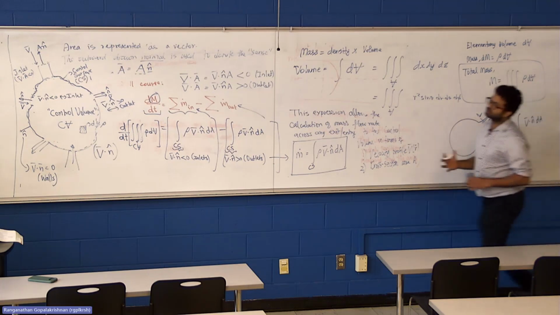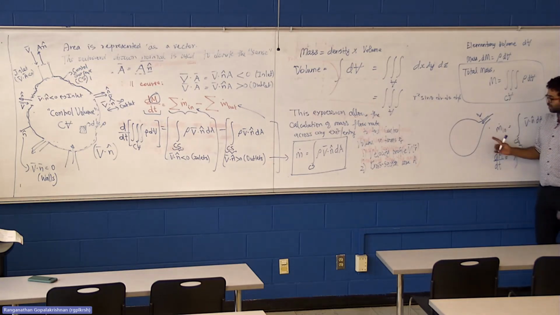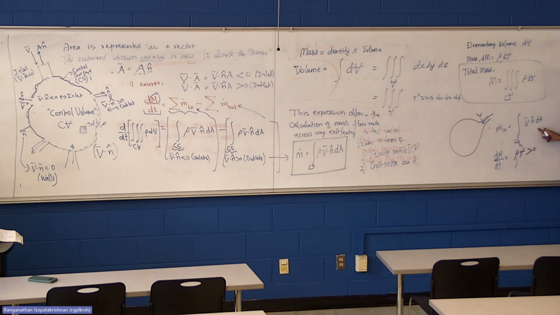So this system is a rare instance where you are having an increase in mass, so this number is going to be positive, and you're going to evaluate this, and this is going to be equal to this mass in.